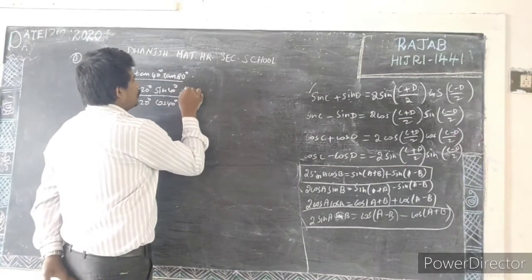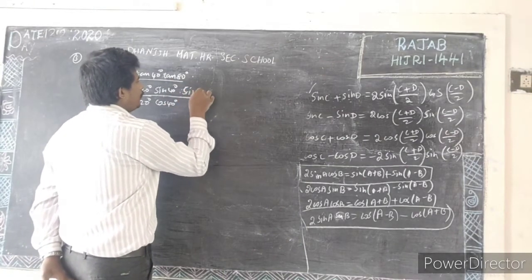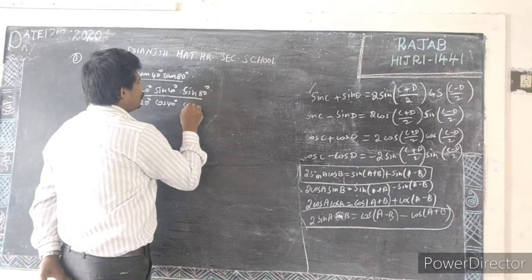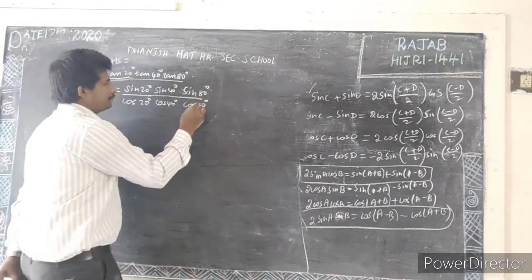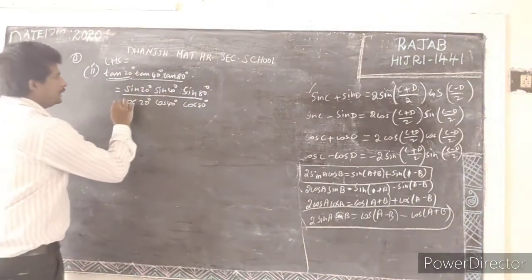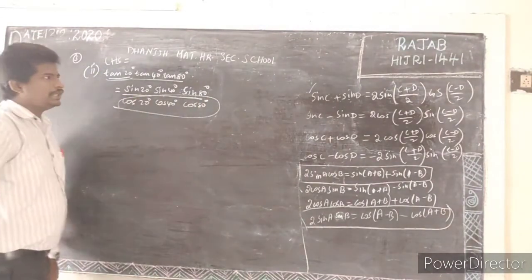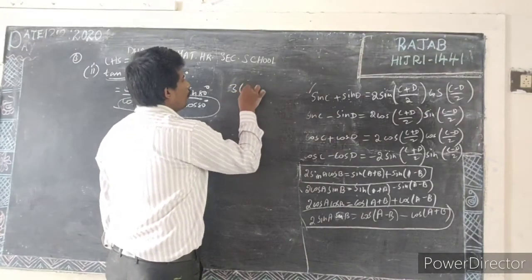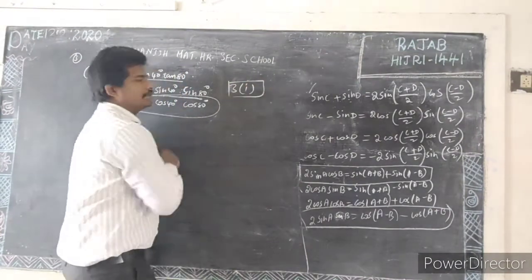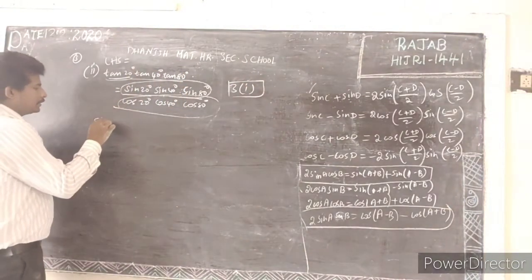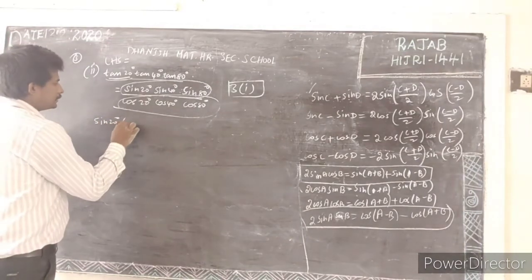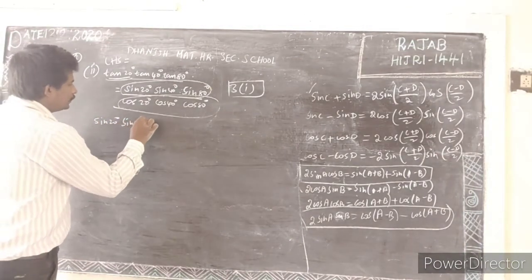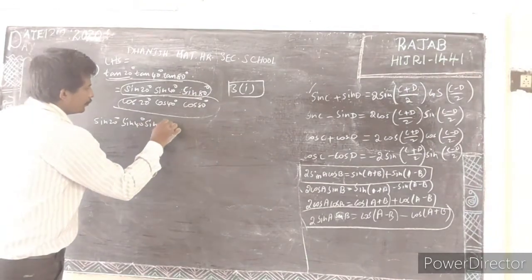Then sin 80 degree by cos 80 degree. For the denominator, we can use the result, problem number 3, 1. The numerator, sin 20 degree, sin 40 degree, sin 80 degree.